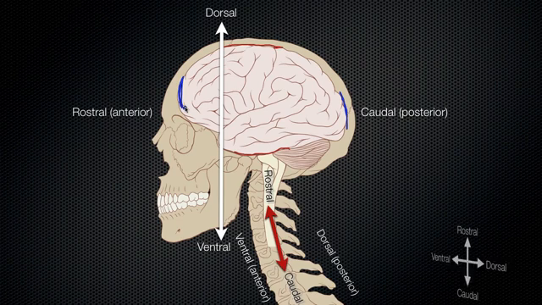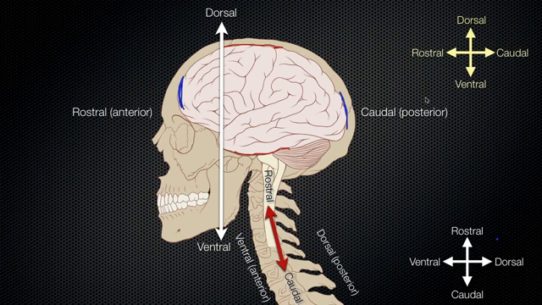Another way of looking at this is by looking at these little diagrams over here where we have rostral, caudal, ventral, and dorsal. But when we get above the brain, it's a little different. It shifts. Rostral is no longer going towards the top, but now that's going towards the front. Caudal towards the back, dorsal towards the top, and ventral towards the bottom of the brain.